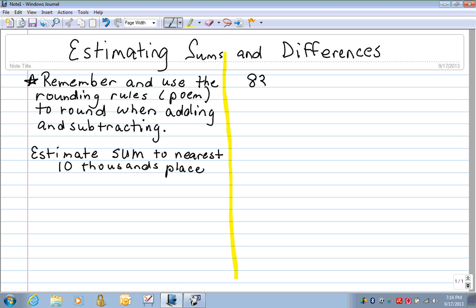Let's add 836,000, remember thousands the name of the comma, 48, plus 67,018.